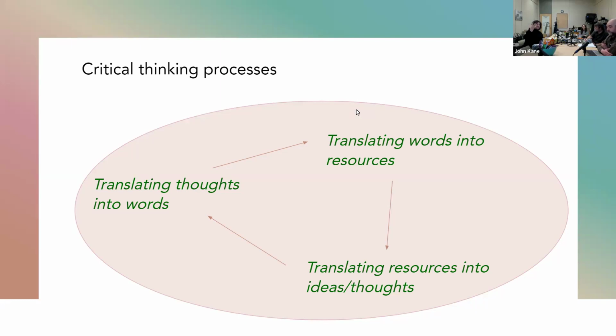They translate their thoughts into words, and those words translate into resources once they put them into the databases. And then those resources spur further thoughts and ideas, which will translate into more words. So it's this round and round process of critical thinking that they need in order to be successful in library database searching, and also AI use.